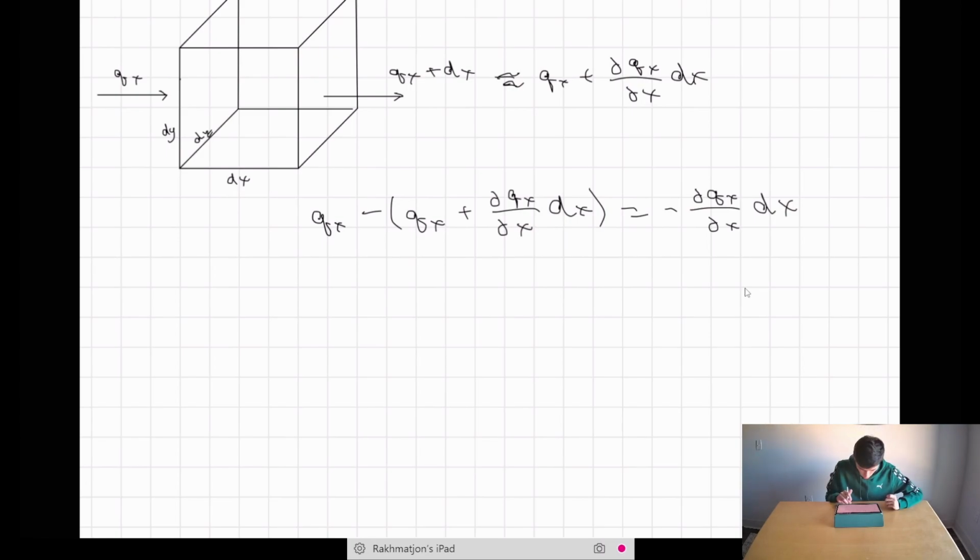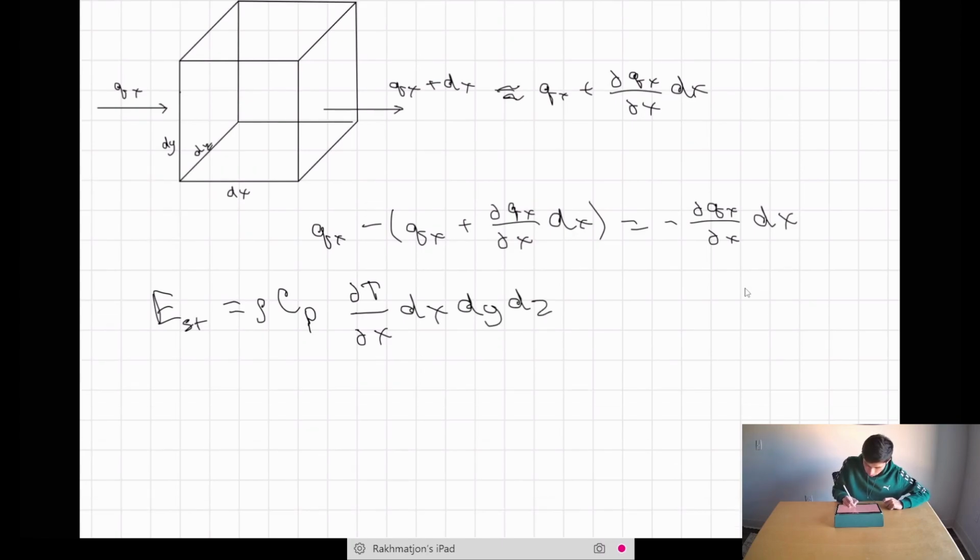And we're also given that the energy stored inside of a cube is going to be rho Cp times the small change in temperature over small change in time times the volume, which is going to be dx, dy, and dz. Right?